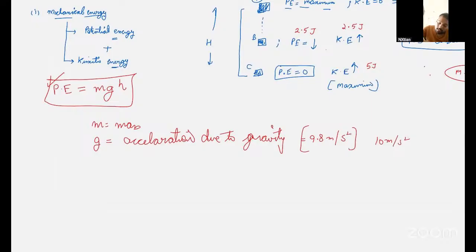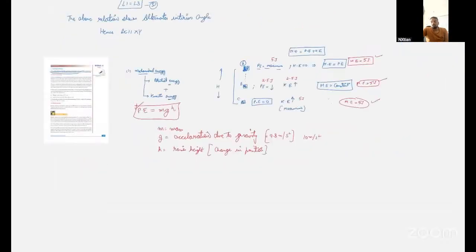And H is basically the raised height, but in some cases we can write change in position also.